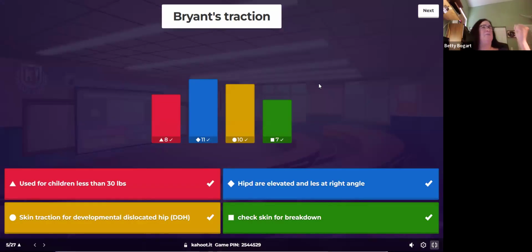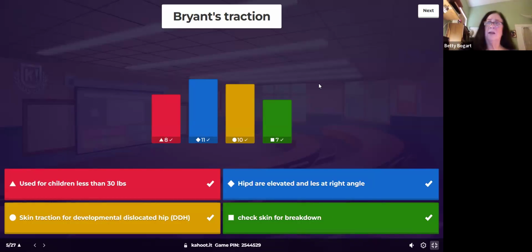We still got that hip, still not where we want it to go. So we put him in Bryant's traction. It is for children less than 30 pounds. It's for that DDH, developmental dislocated hip. The hips are elevated at a right angle, but the butt is off the bed. And yes, with any traction, you always check for skin breakdown, whether it's Pavlik, Bryant's, Bucks, doesn't matter. Check for skin breakdown.